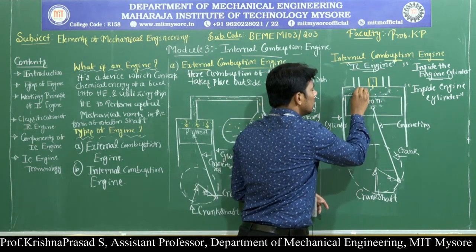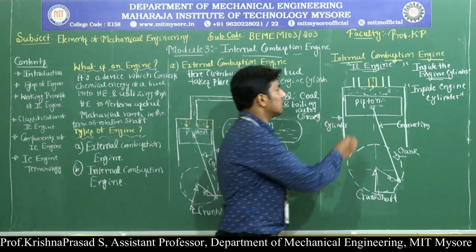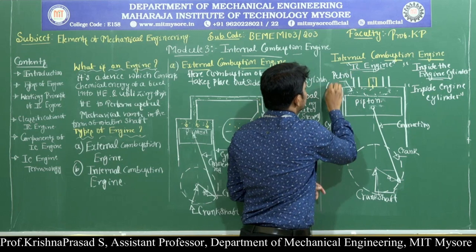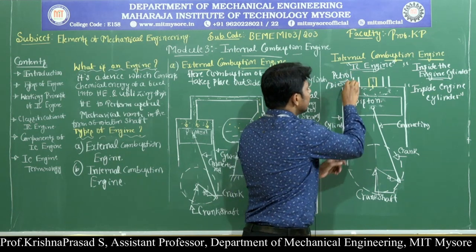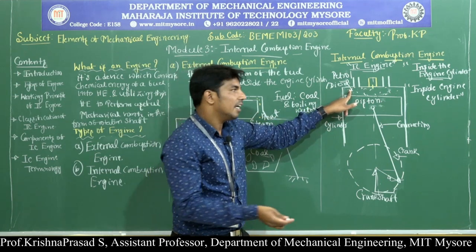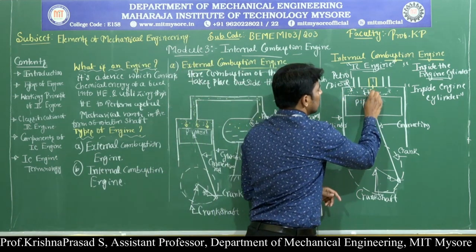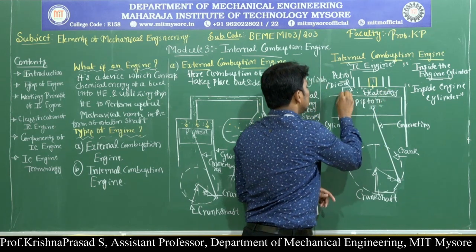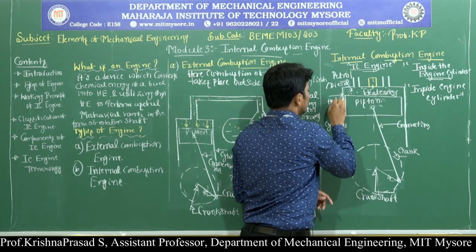The kind of fuel used in the internal combustion engine is either petrol or diesel. Due to the combustion of the fuel inside the engine cylinder, again it develops heat energy, which is in the form of hot gases.